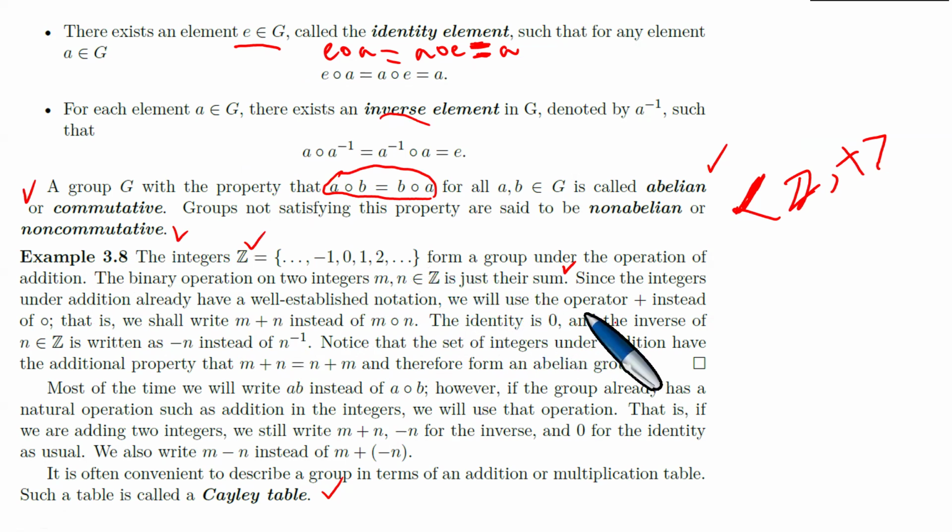The sum m plus n is an element; when you add them up, you get an integer. Just the sum.